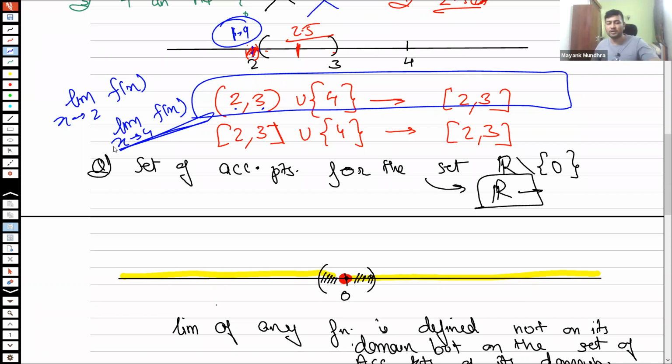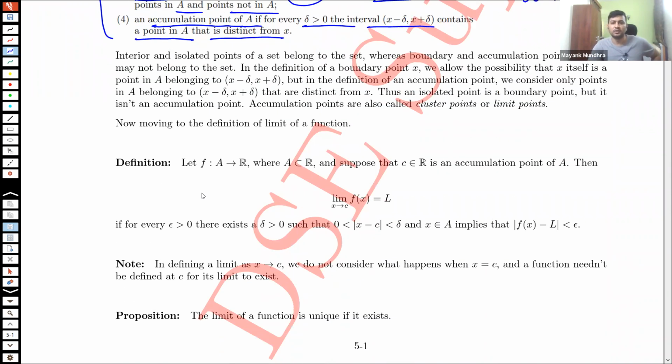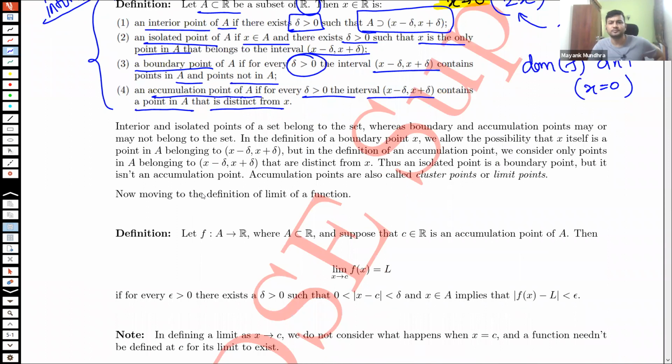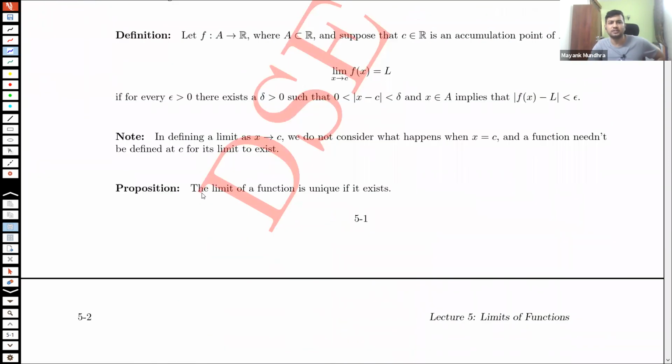At that point, all you need to know is it's nothing new. It is just your normal limits of functions, so you need not worry about it. Maybe you have never heard about accumulation points, so I just wanted you to familiarize yourself with the concept. Okay, so that's it about accumulation points and all these other points.